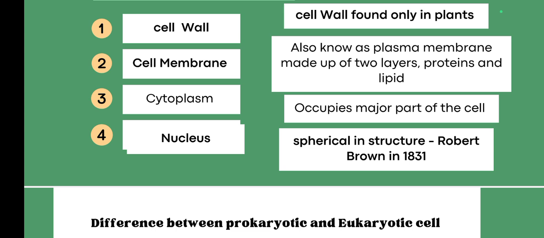The plasma membrane has fine pores through which substances may enter and leave the cell. The main function of the cell membrane is to selectively permit only a few substances to pass through, and it prevents the entry of some foreign substances. It protects the inner contents and helps in maintaining the internal environment of the cell.